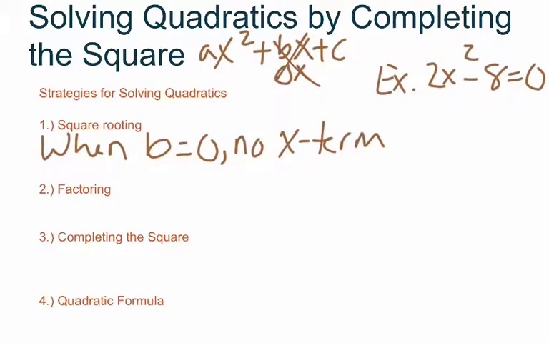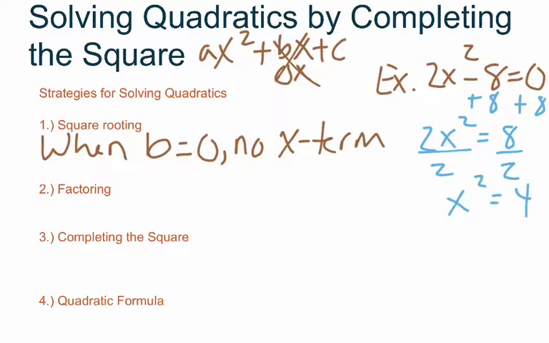The way this would look if you were to solve it would be like this. We would add 8 to both sides, so we'd have 2x squared equals 8. And then divide both sides by 2, so x squared equals 4. Then you have to think to yourself, okay, what number squared gives me 4?